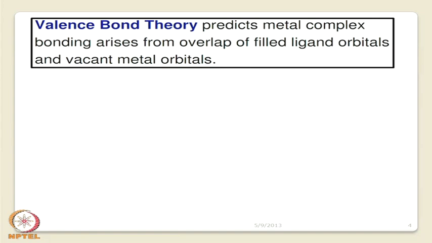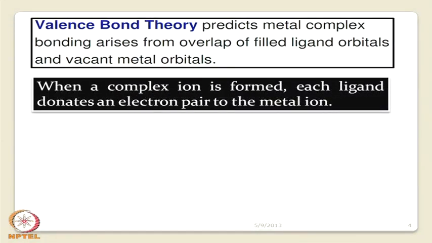We must have first the hybridized vacant metal orbitals, and those can overlap with the filled orbitals of the ligand. So, ligands can donate the electron pair to the metal orbitals, thus forming the metal-ligand bond in the usual way as a coordinate bond, or we can consider this as a coordinate covalent bond. So, when a complex ion is formed, each ligand donates an electron pair to the metal ion.